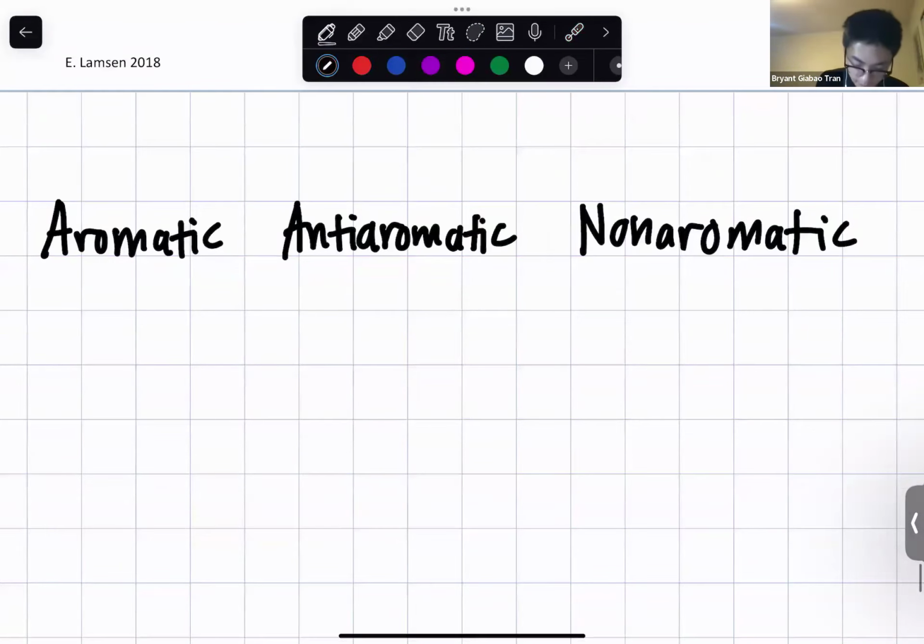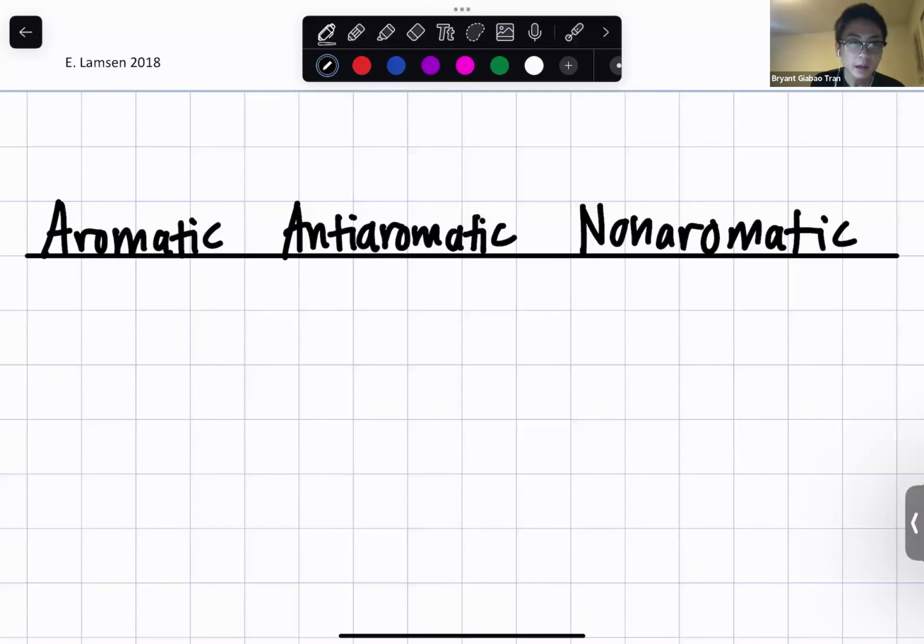For aromatic, you need to have an odd pair of electrons.